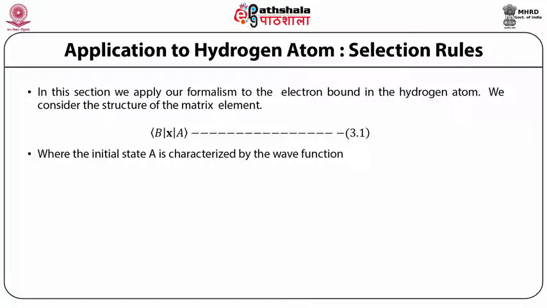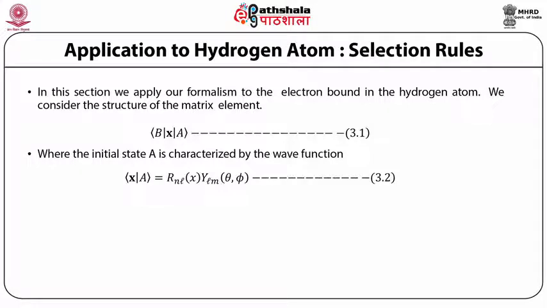The wave function can also be written as the bra of X vector with ket A, which is given in terms of the variables of X vector, namely r, theta and phi, and this is equal to capital R n L of r into Y L m of theta phi.